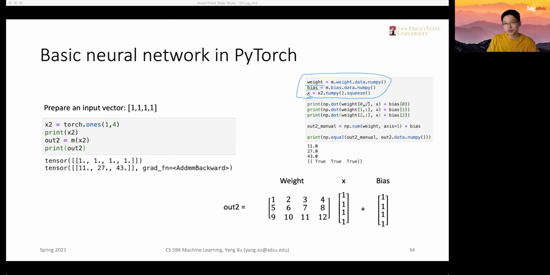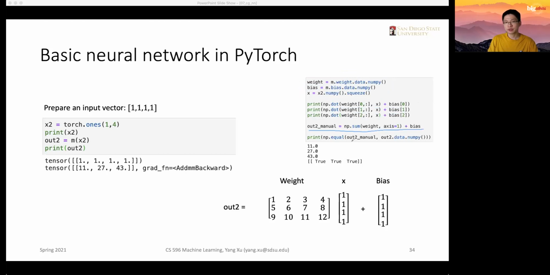So what we actually do here is manually compute each output for each row. The first output element will be the inner product between the first row in the weights and the inputs, plus the first bias. These 3 lines of code can also be rewritten in a compact form by using this one, because x is all ones.